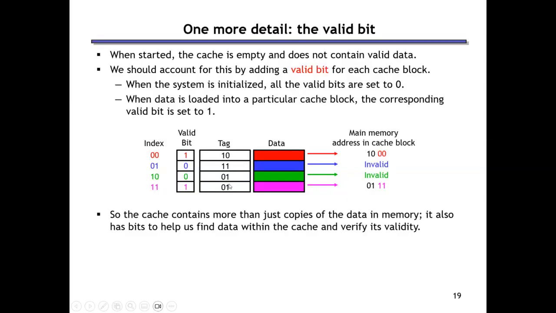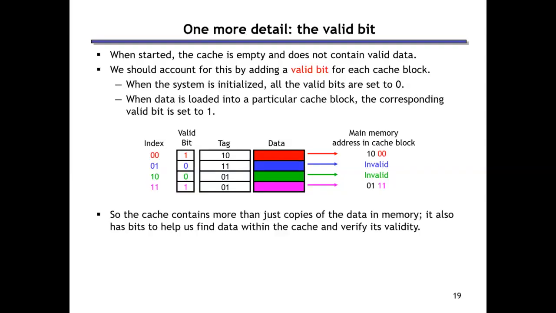For the last tag, we concatenate the tag bits 01 and then 11, which means block 7 is residing. So block 8 is residing in set 0, block 7 is residing in set number 3, and set number 1 and set number 2 do not contain valid data, though they have tag fields. Any question?